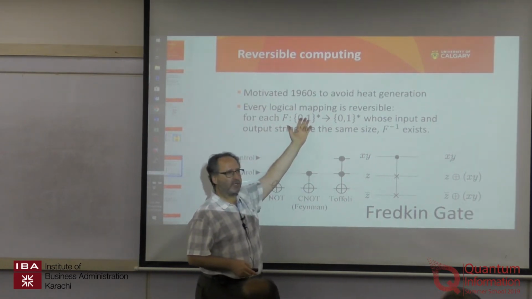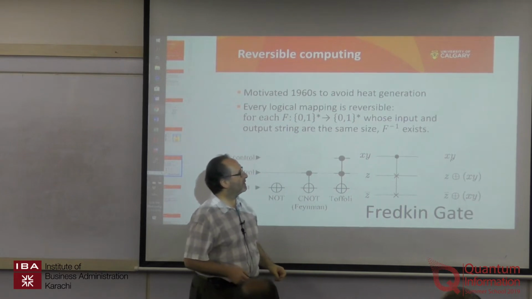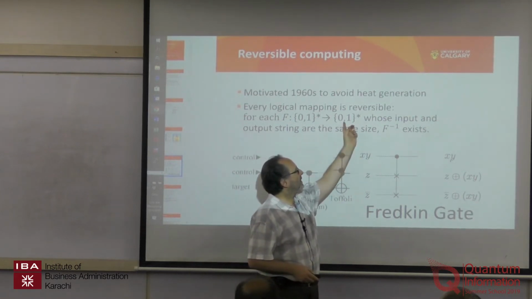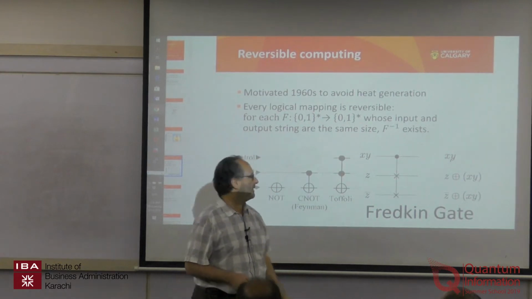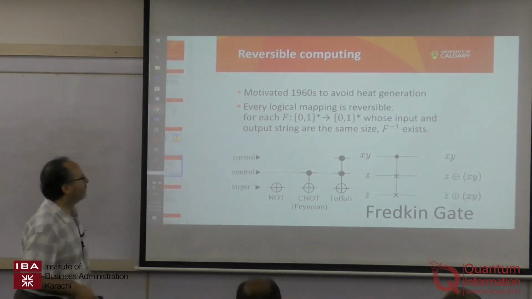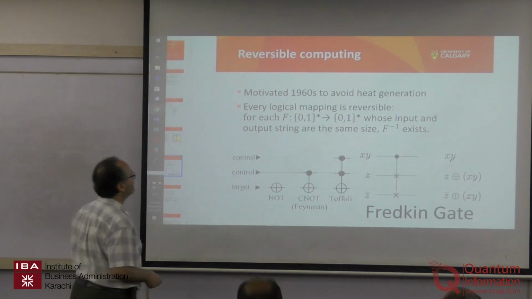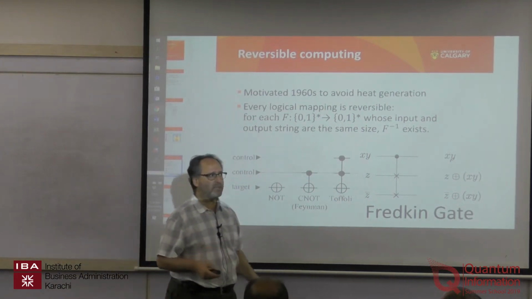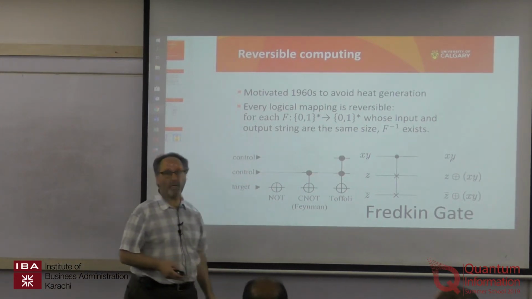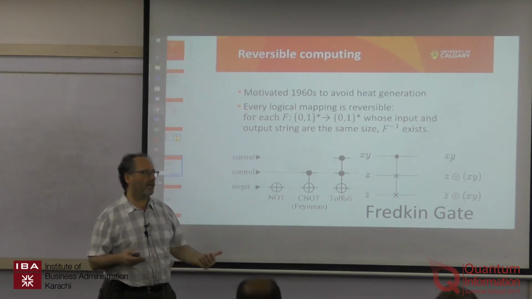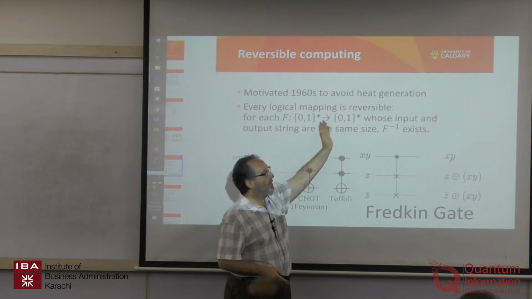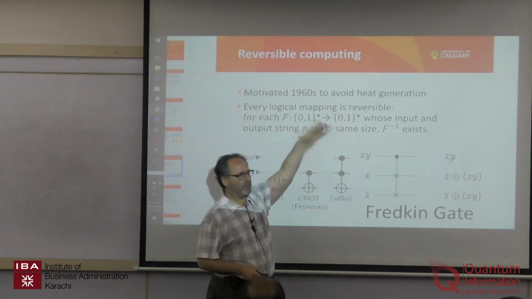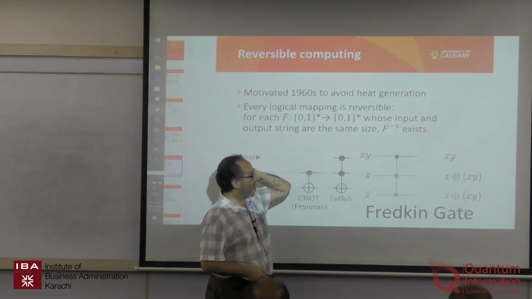So it takes a bit string of some length to a bit string of the same length, and every computational step can be reversed. And then the idea of reversing it means there's no erasure and therefore no heat cost. The downside is you have to carry a lot of garbage through the system, but the heat can be dissipated only at the end after the computation.